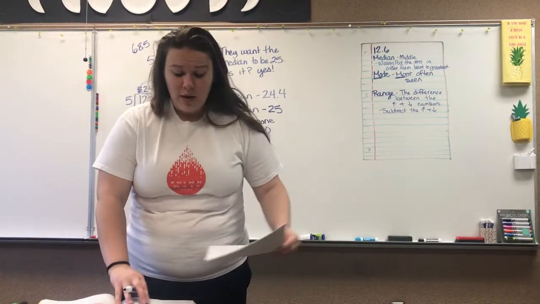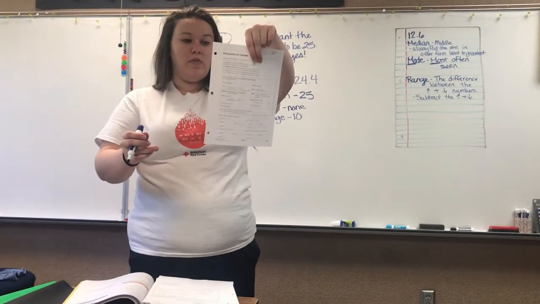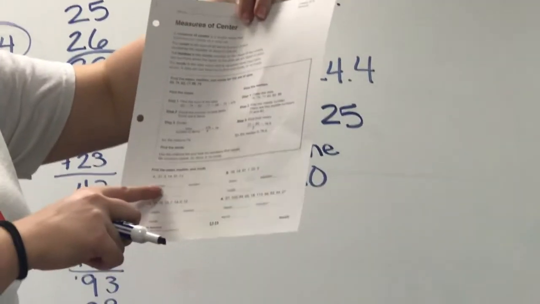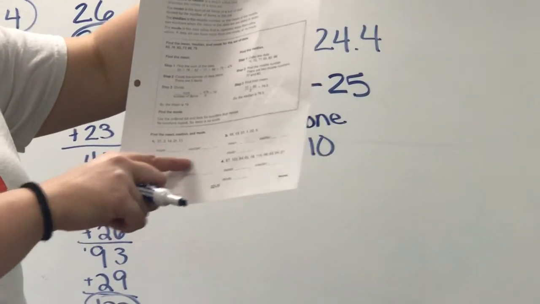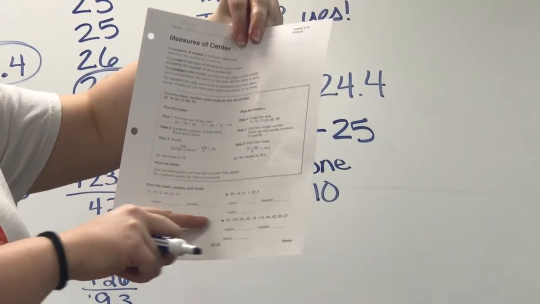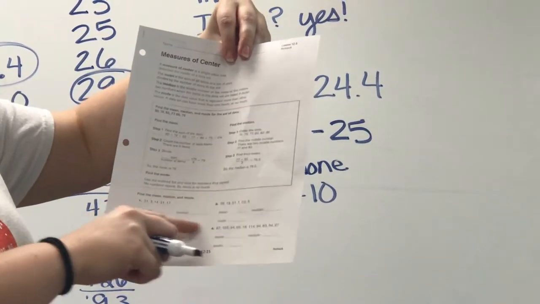Okay, now we're moving on to your page of homework. It says mean, median, mode. You need to write in the word range on all 4 of these problems.